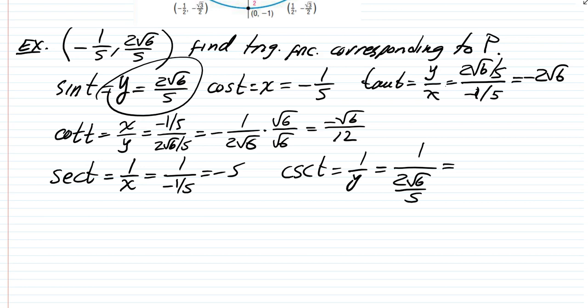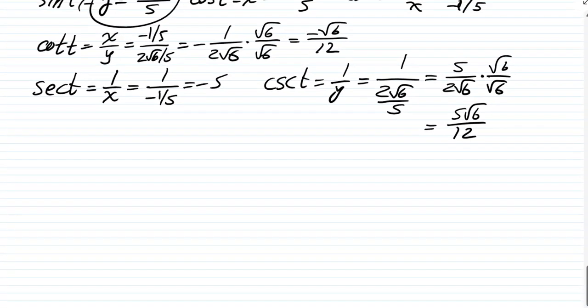So cosecant is 1 over sine. And we'll see these as fundamental identities later. Let's rationalize this. And the answer is going to be 5√6/12. And it's going to be positive.